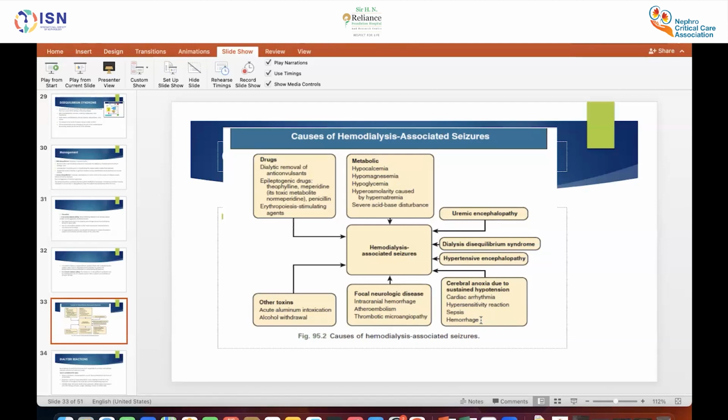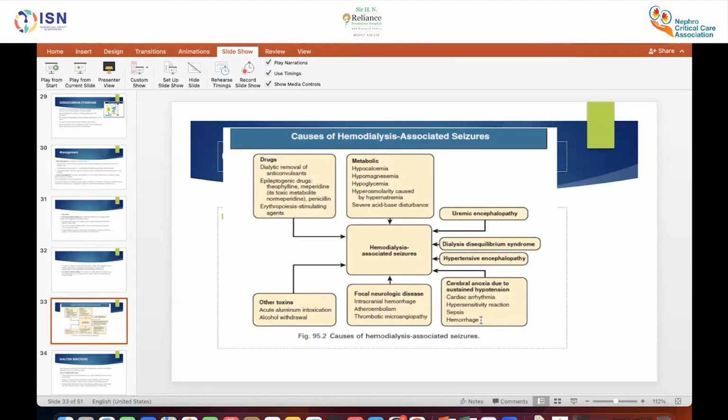Now, in case of metabolic acidosis, there is a conformational change in the calcium. It gets bound to the albumin less, and the reverse is true: it is present in the ionized form more.